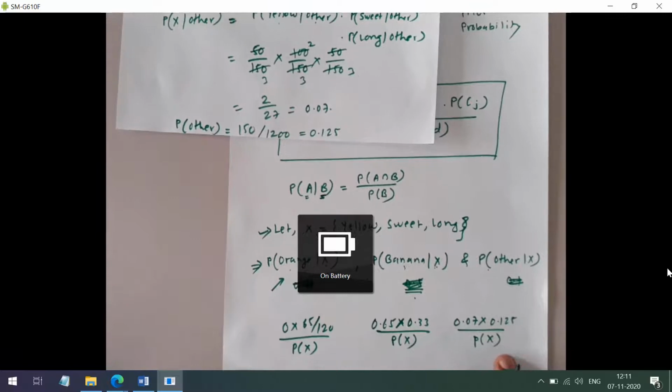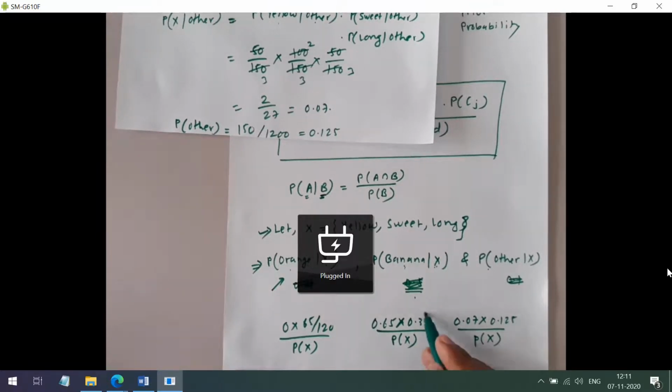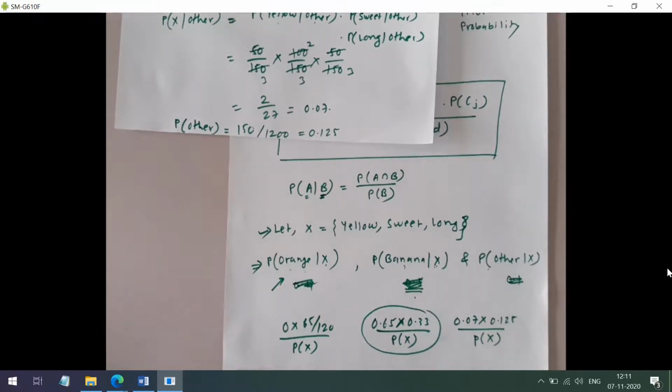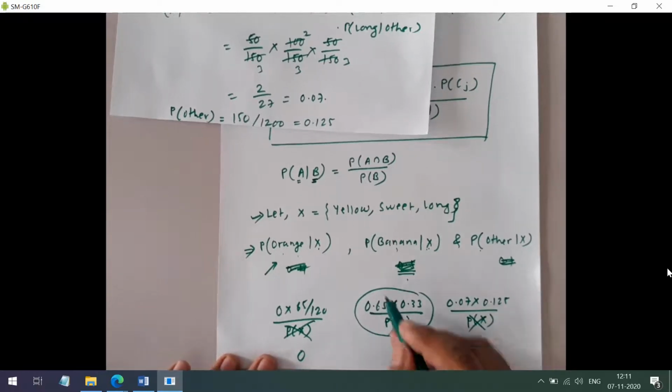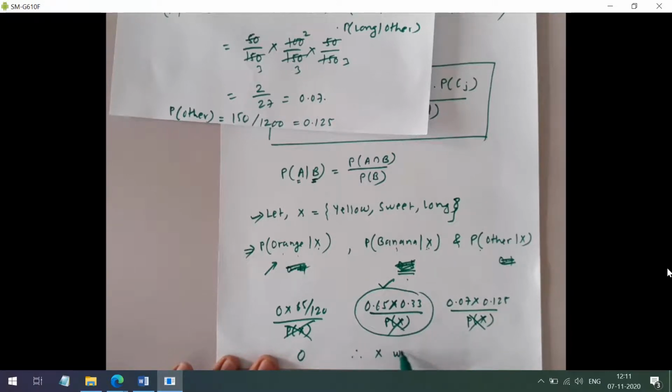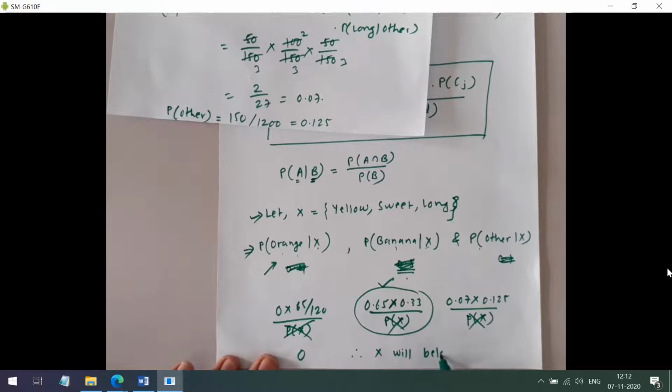Easily you can note that the probability of this category is higher. The p of x will cancel out. This one is directly 0, and if you compare this value and this value, this one is higher. So x will belong to the banana class.